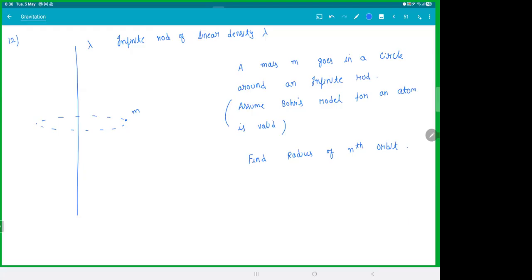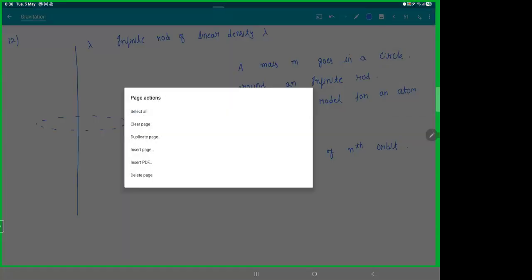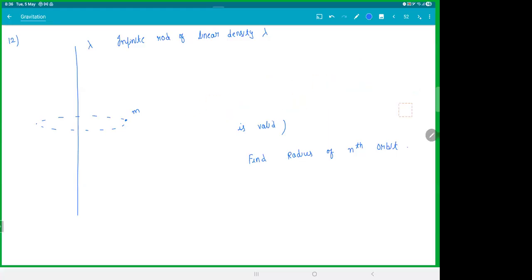Let's see. Let's say it is going in a circle of radius r. What are the forces acting on the particle? The gravitational force, which is mass into field, and the centrifugal force, m v square by r. So mass into field is equal to m v square by r.